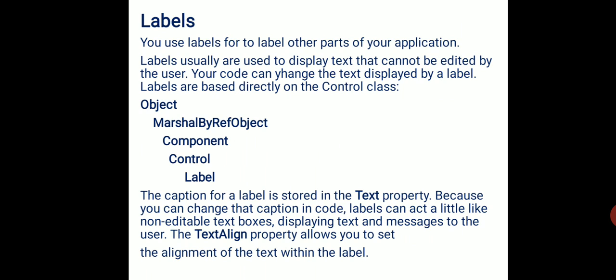The TextAlign property allows you to set the alignment of text within the label. A label is read only for the user, so they can't change the text at runtime.